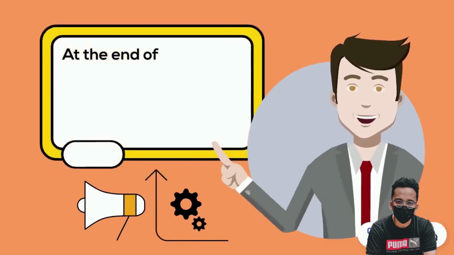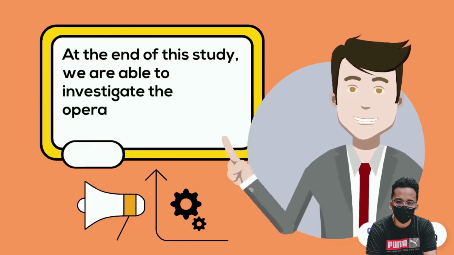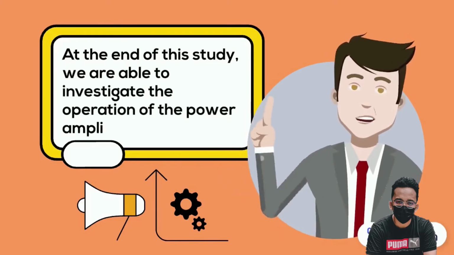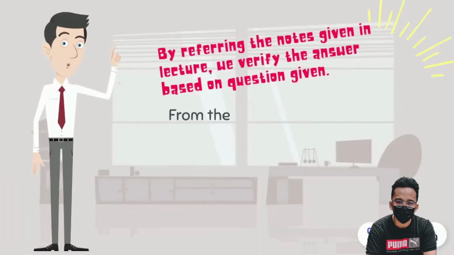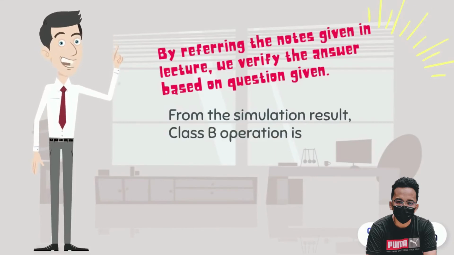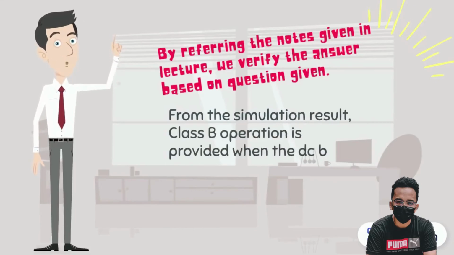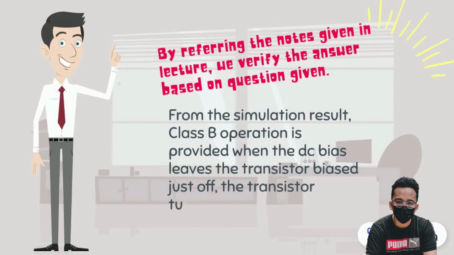At the end of this study, we are able to investigate the operation of the power amplifier in Class B. By referring to the notes given in the lecture, we verify the answer based on the question given. From the simulation result, Class B operation is provided when the DC bias leaves the transistor just off. The transistor turns on when the AC signal is applied.